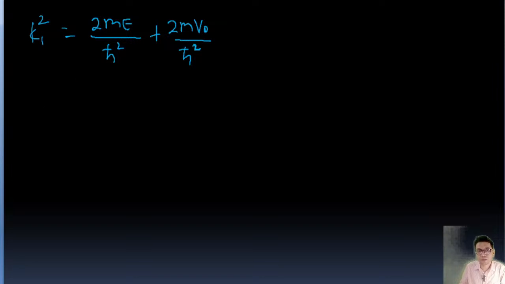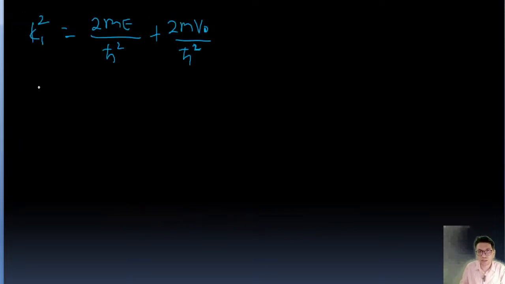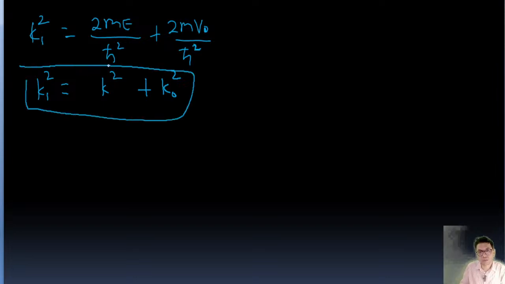Let's suppose the first term is k square and the second is k naught square.